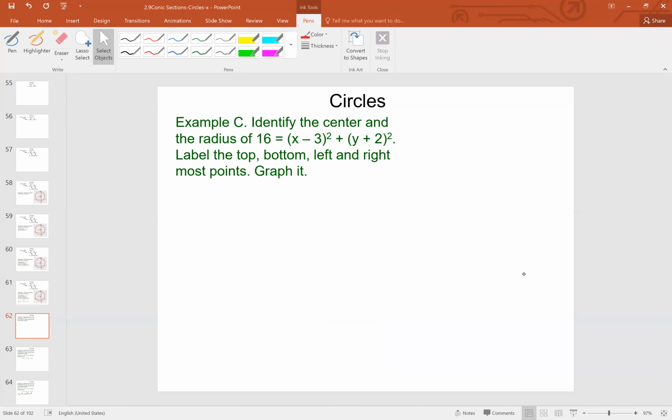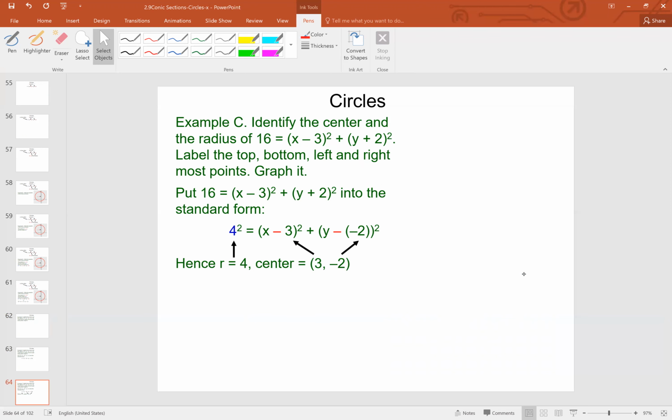And here's another example. In this example, we have the equation, and we identify the geometry: where's the center, what's the radius, and it's easy to eyeball. The radius is 4, and the center is at (3, -2). Note the negative sign.